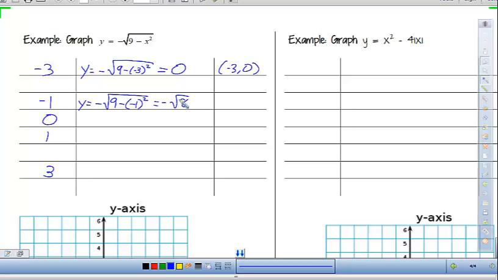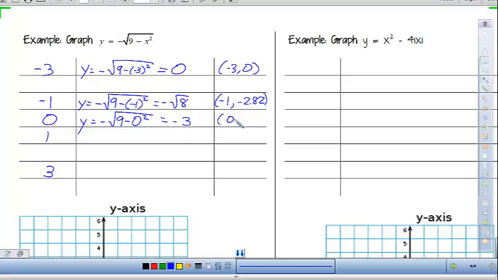So we get (negative 1, negative 2.82). If we plug in 0, we get just what? Negative 3, very good.